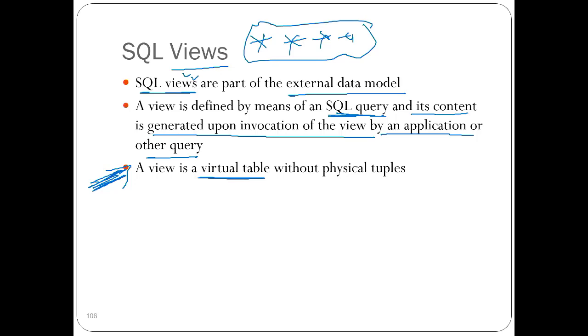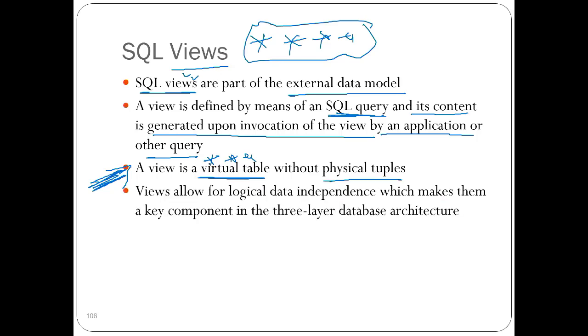They are called virtual because the data in a view is not physically stored, as is the case with a table. The data in a table is physically stored, whereas the data in a view is generated dynamically. It's not stored anywhere. That's the reason views are also called virtual tables, because they don't have physical tuples.